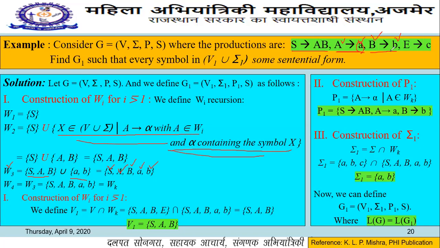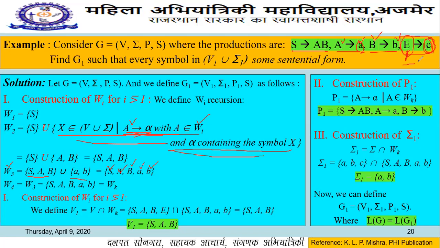Okay, so when we look at this production, as per these rules, this A should belong to the previously created set W2. This E does not belong to W2. Therefore, we do not include this capital E, and because this is not the A according to the rules, we do not include this thing also.